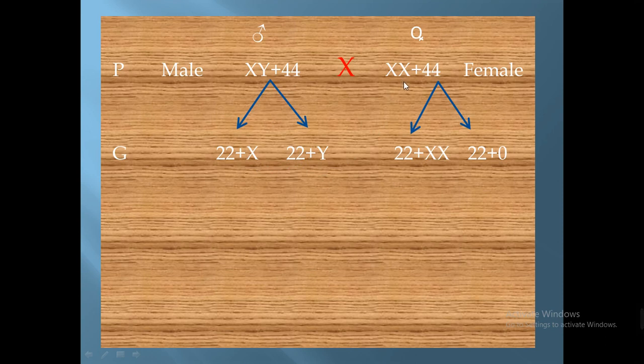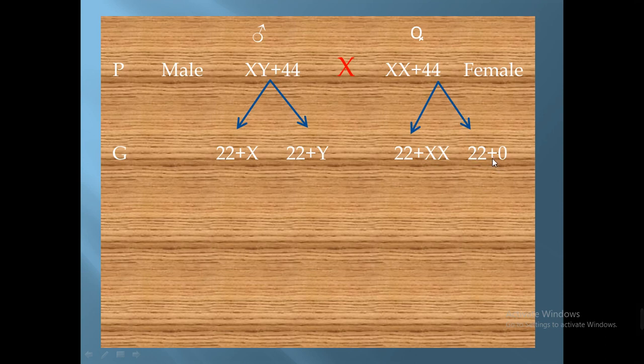But on the other side, if the ovary of the female divides meiotically in an abnormal way, some of the ovum will contain 22 plus XX. Here, these two X will not separate from each other. It's abnormal. So, some of the ovum will contain 22 plus XX, and the other has no X chromosomes.